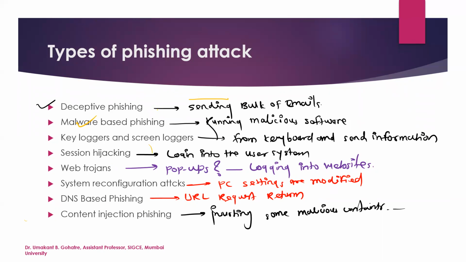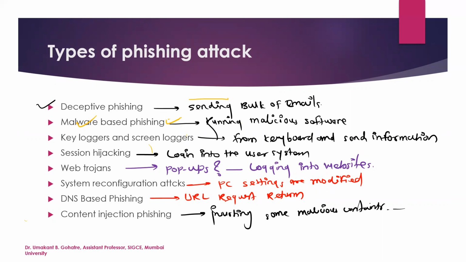The next type is malware-based phishing, which involves running malicious software on the target's or user's machine. The malware comes from an email attachment. The next type is keylogger and screen logger.